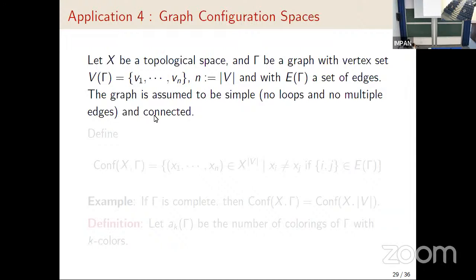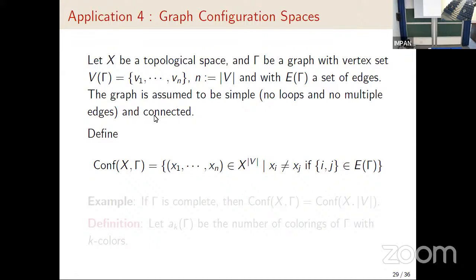Less classical is maybe the graph configuration space. I want to talk about this and also about orbit configuration spaces related to the work of that. So I don't know if you've seen this construction, which I really like, the graph configuration space. So what is that?